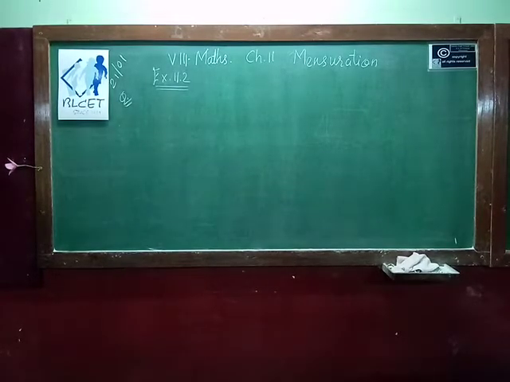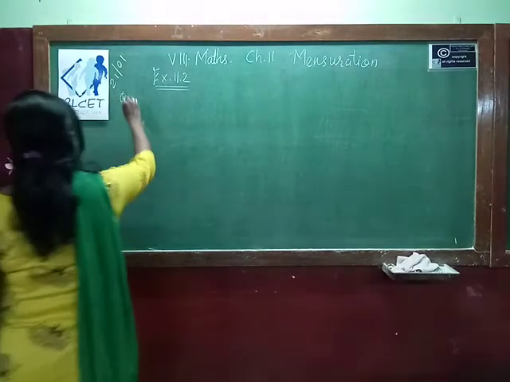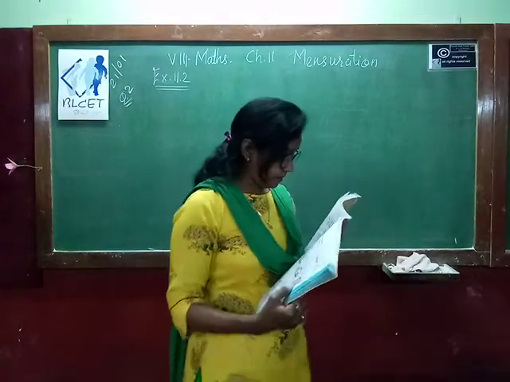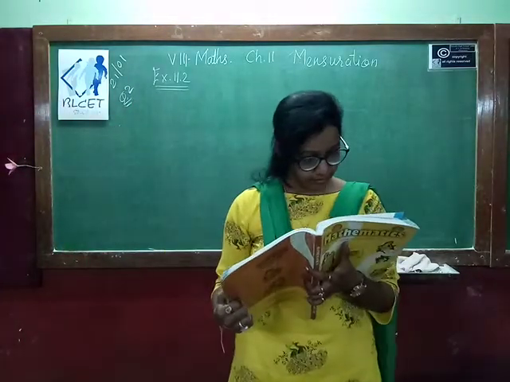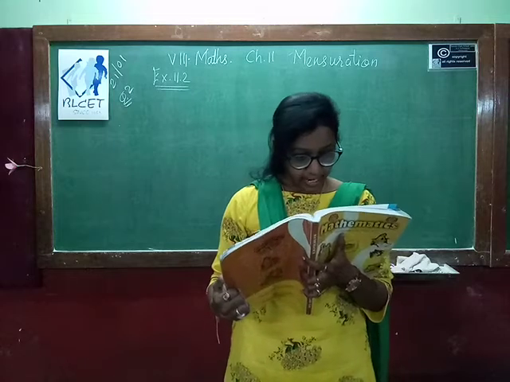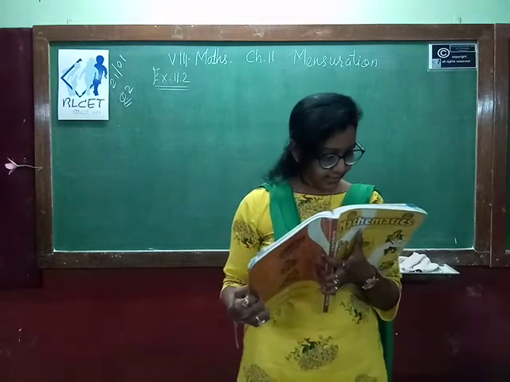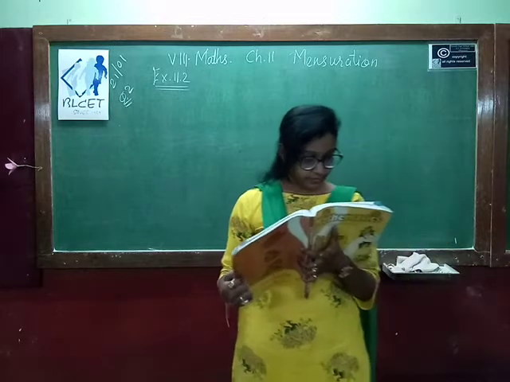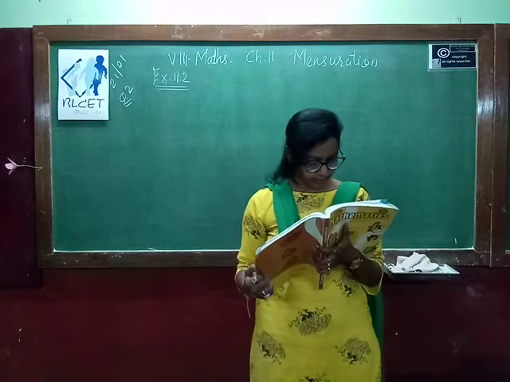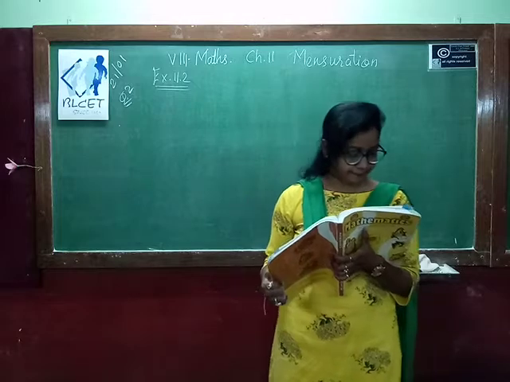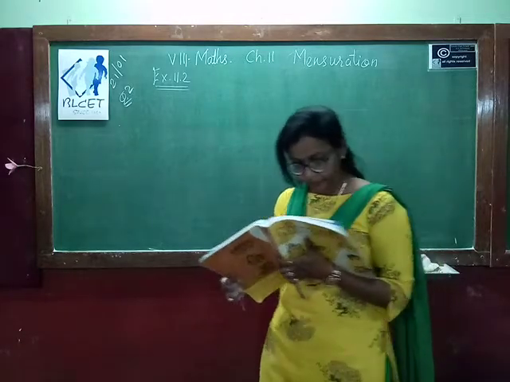See the second question. The question is, the area of a trapezium is 34 centimeters square and the length of one of the parallel sides is 10 centimeter and its height is 4 centimeter. Find the length of the other parallel side. Okay.